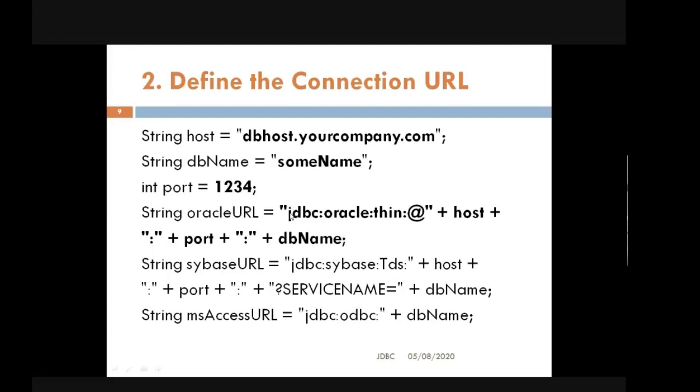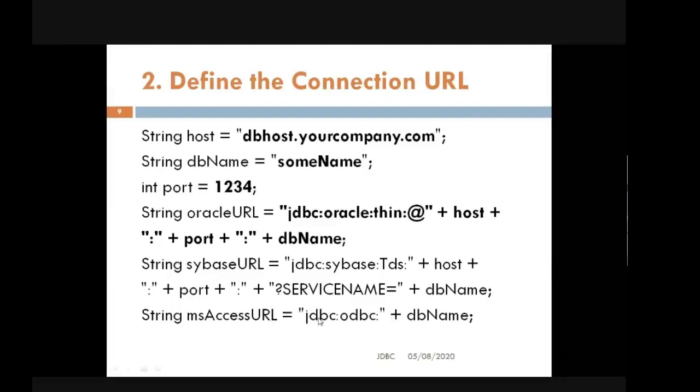You can create a URL like this: jdbc:oracle:thin, and then this represents the server, and then your domain name. This part is static. The host will be changing, and then colon port number, and then colon your database. This will be changing based on your type of the database.